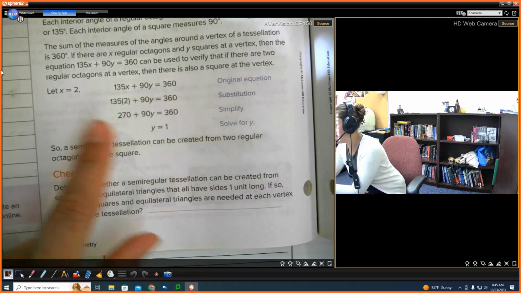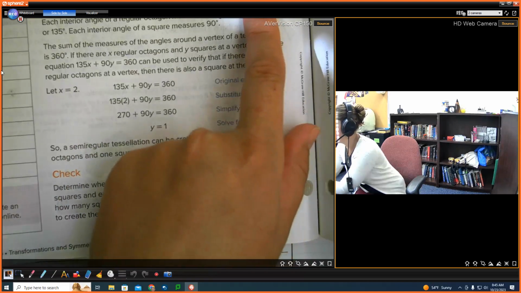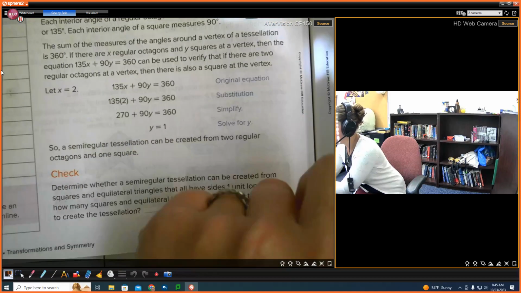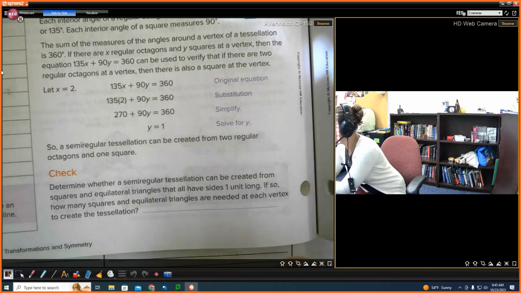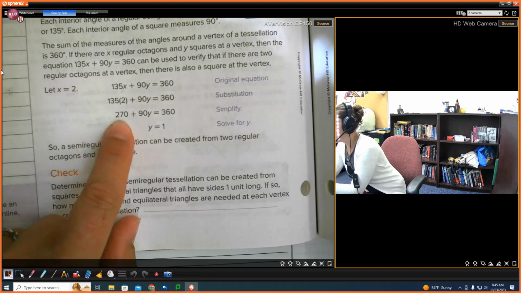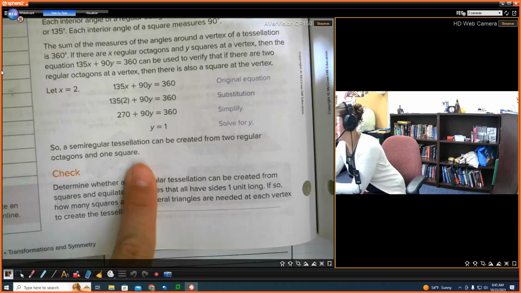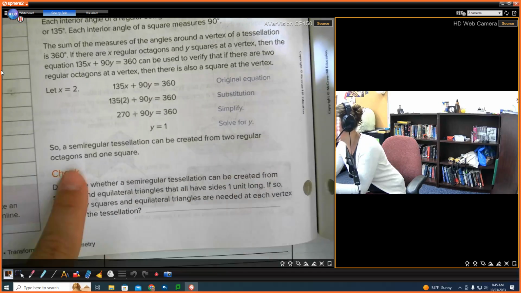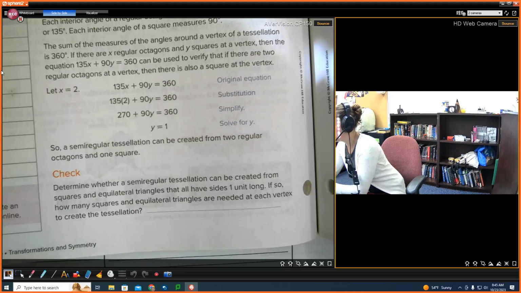And they say let x be 2, to see if we can have 2 of those shapes at each vertex. So they plug that in, and y would have to be equal to 1. So a semi-regular tessellation can be created from 2 regular octagons and 1 square. So again, I think that this is just really interesting.